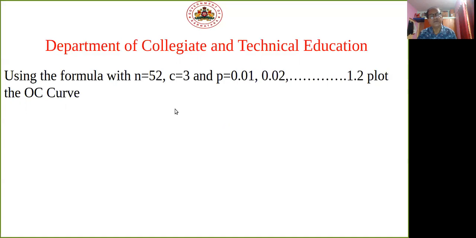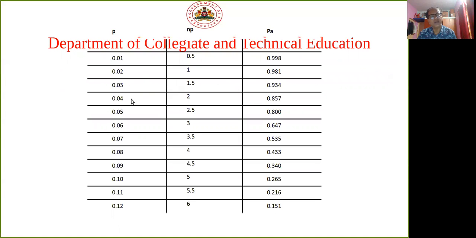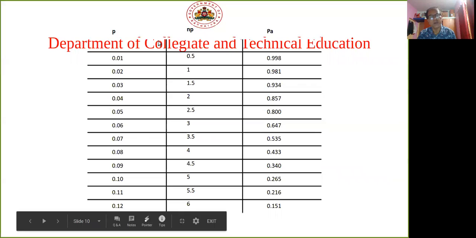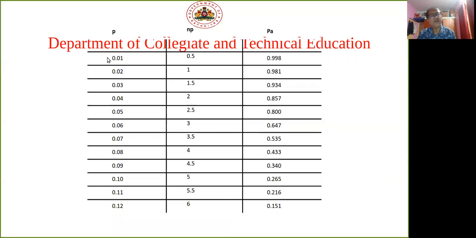When you multiply this p by n, we will get 0.5.